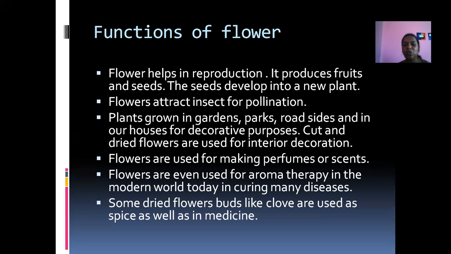Flowers are even used for aromatherapy in the modern world today in curing many diseases, and for various other therapies. Even some dried flower buds like clove are used as a spice as well as medicine. These were the functions of the flower.